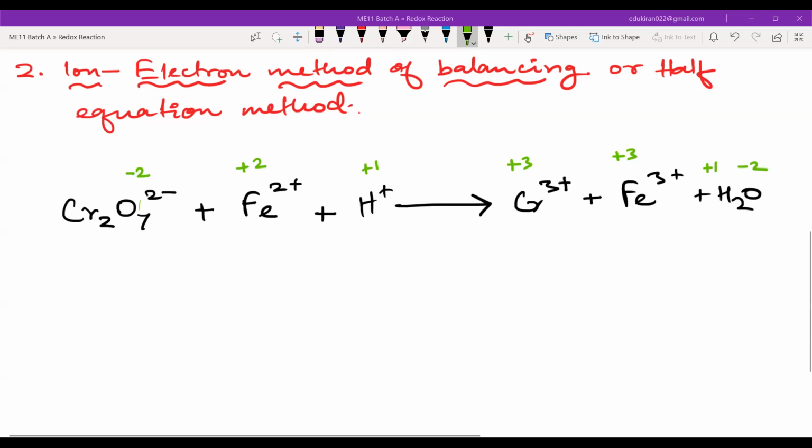X is equal to 12 by 2. X is equal to 6. Chromium is plus 6.